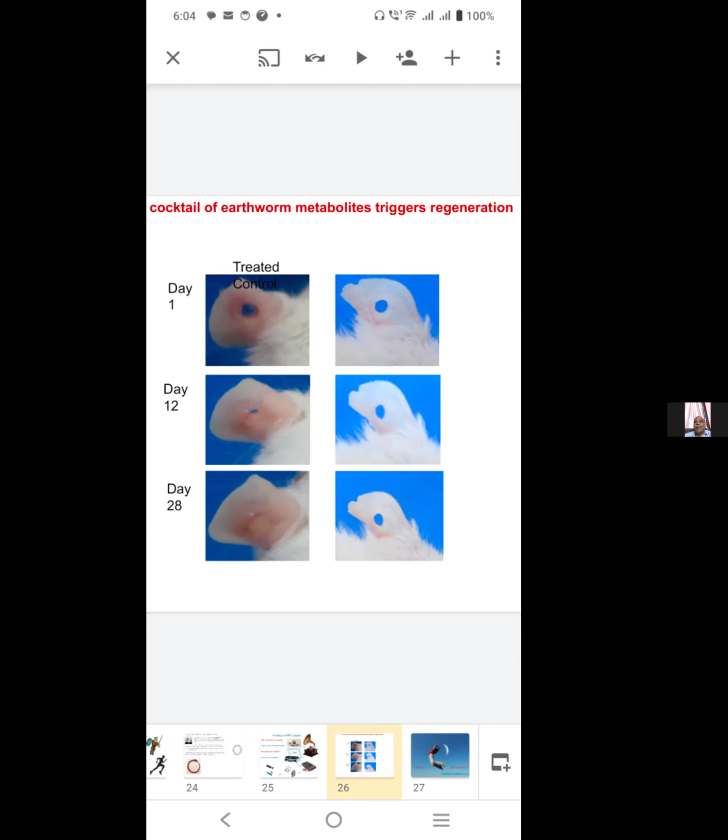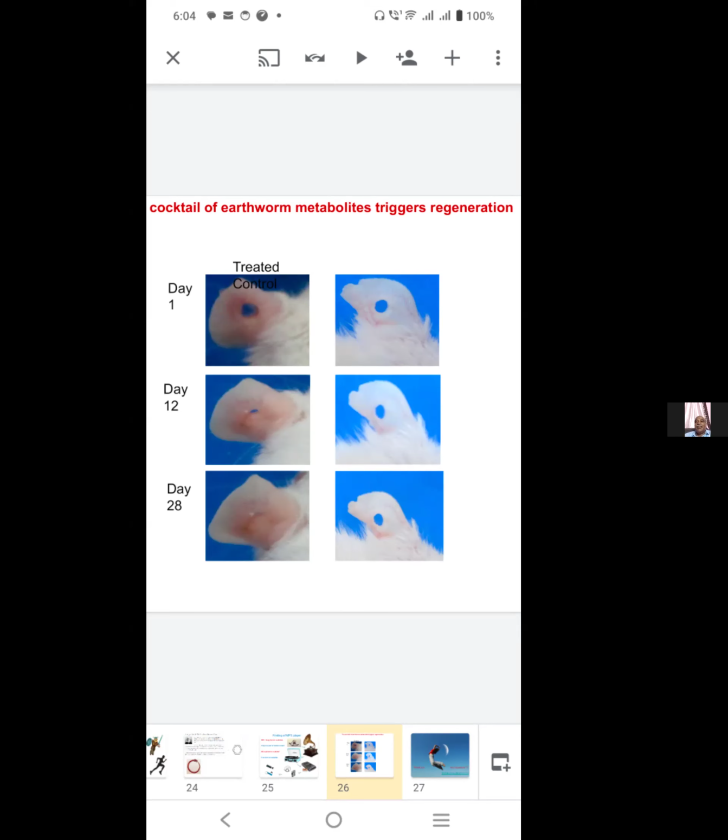So a permanent scar is generated, and the tissue won't grow again. That's known around the world. People are using the mouse for research purposes in many laboratories around the world. So we use that mouse as a model animal, and we injected the metabolites of regenerating earthworm.